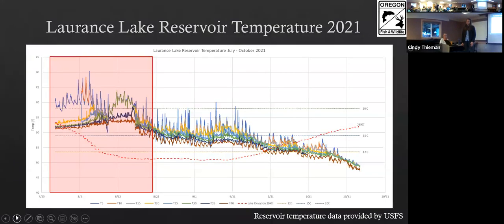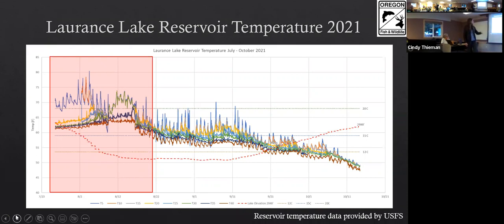So next slide. And then just really briefly, so there's that idea of reservoir height, but with that goes the temperature of the reservoir. This is the 2021 data collected by the Forest Service. I mentioned that bull trout have really specific temperature requirements as far as their species go.